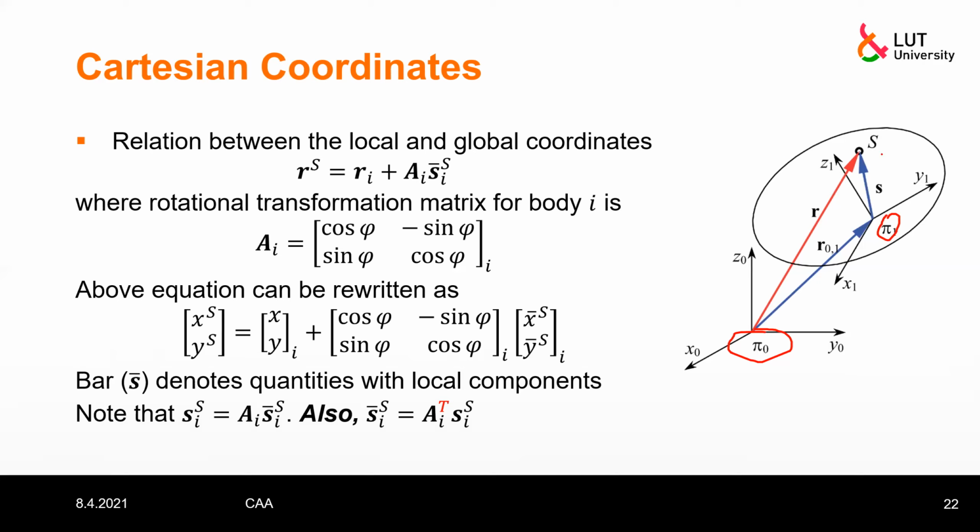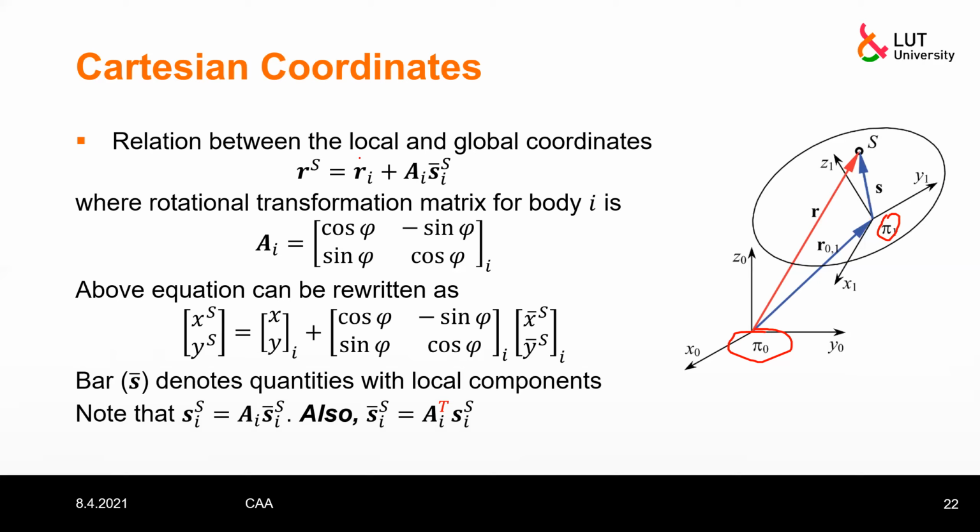So how to describe point S in global coordinates? Like here, the position of vector r_S, the position of point S in global coordinates, is equal to those two blue vectors.